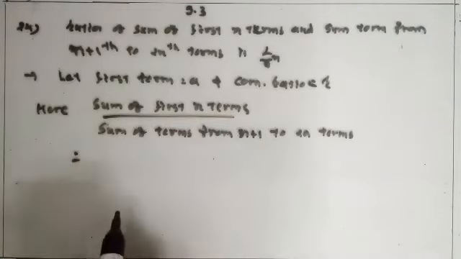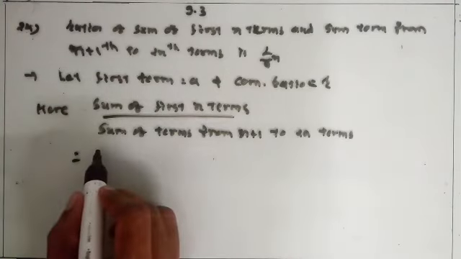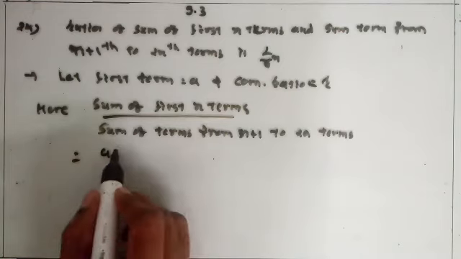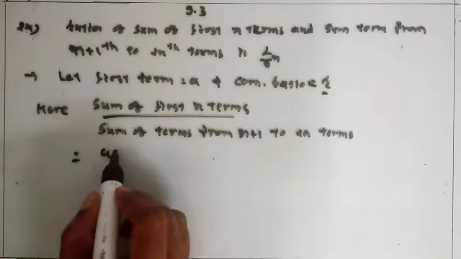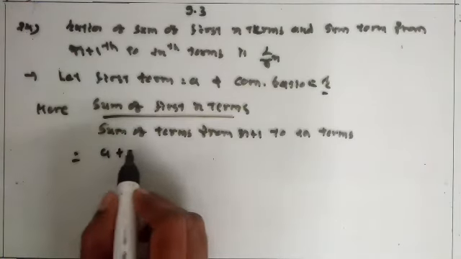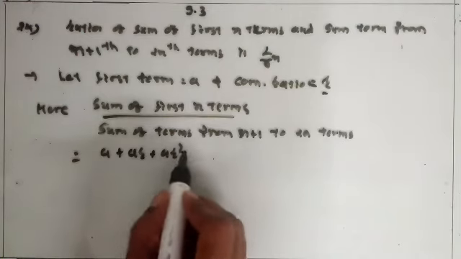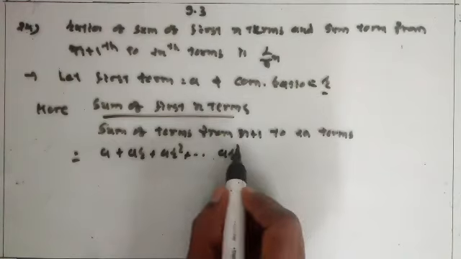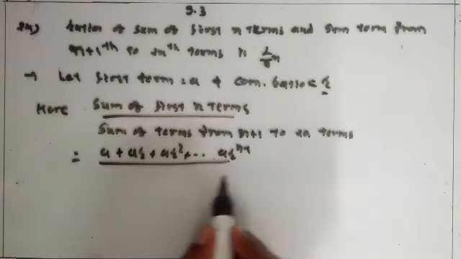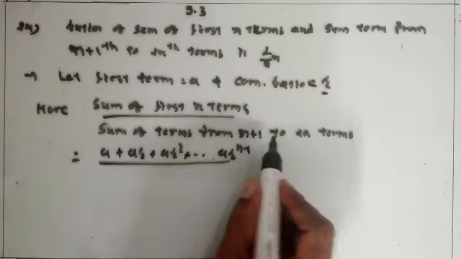is equal to, here the sum of the first n terms. The first term is given as a and the common ratio r. So the first term is a, the second term ar, the third term ar square, plus up to n terms, ar raised to n minus 1, upon the sum of the terms from n plus 1 to 2n terms.